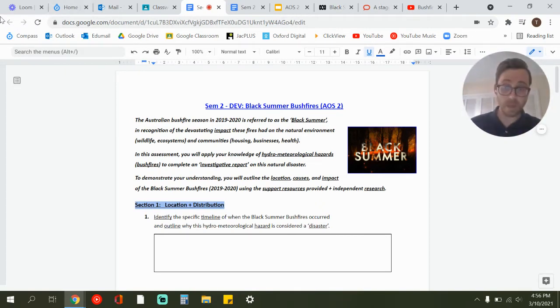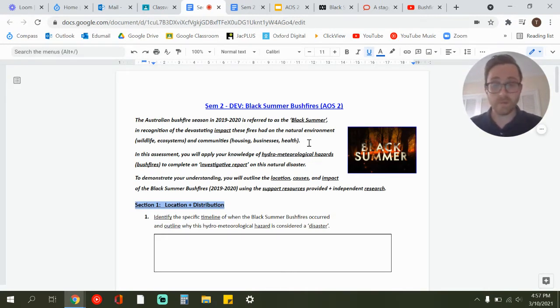So, what we are looking at for the dev task is the Australian bushfire season in 2019-2020, referred to as Black Summer. We have looked at this as part of our class slides, part of the curriculum in term 3. And the reason we are looking at it is because it was devastating. As the title of the unit suggests, it was a disaster.